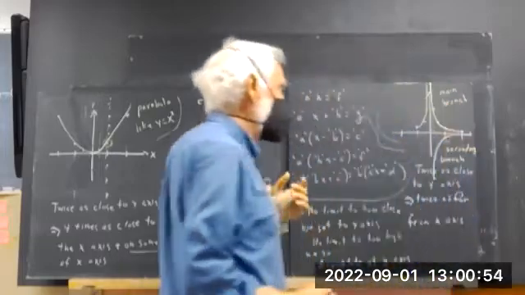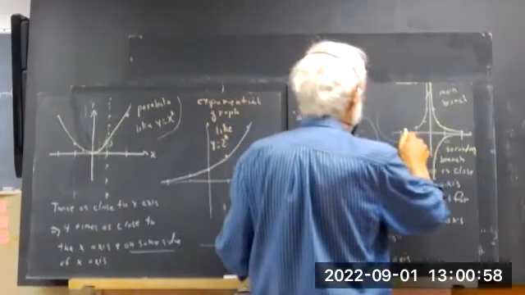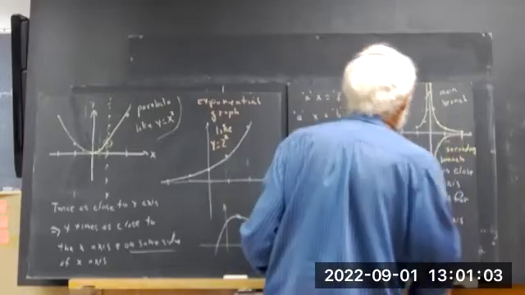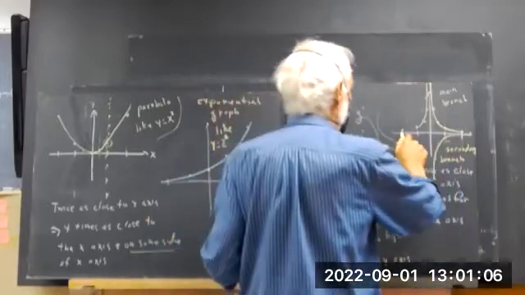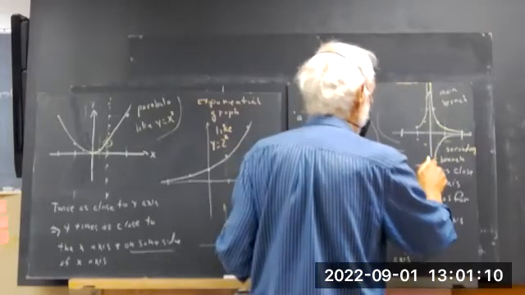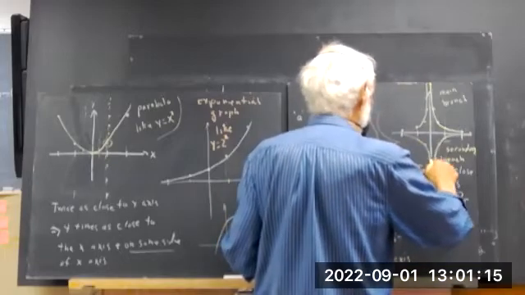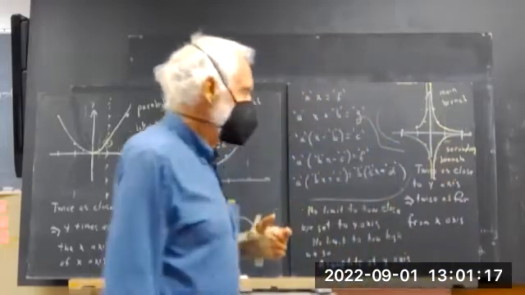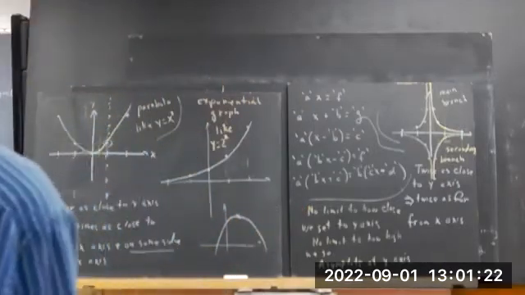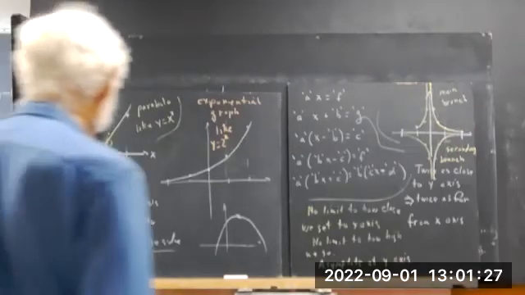If you include the first point and a reflection of this, it's like a curve again. Is this graph ever going to touch the y-axis? Nope. So there's no point on the y-axis.